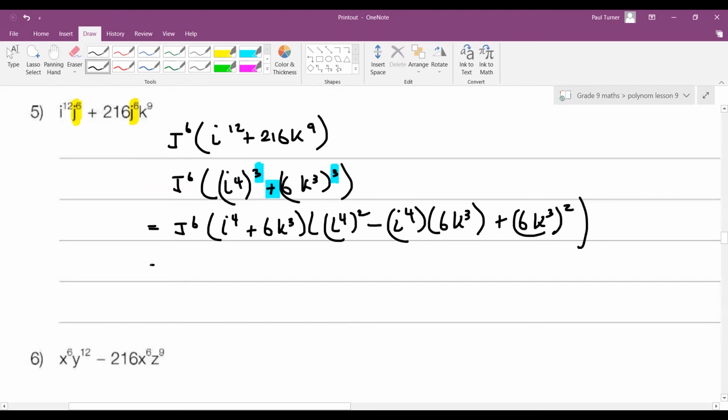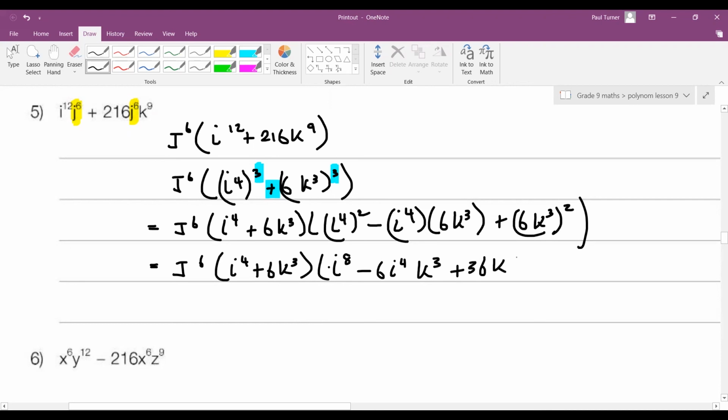Yeah, it takes a little while to write them out, but anyway, j6 times i4 plus 6k cubed times i8 minus 6i4k cubed plus 36k6, like that. Let's check. 36k6, i4. Yeah, looks okay. So that's your final answer there.